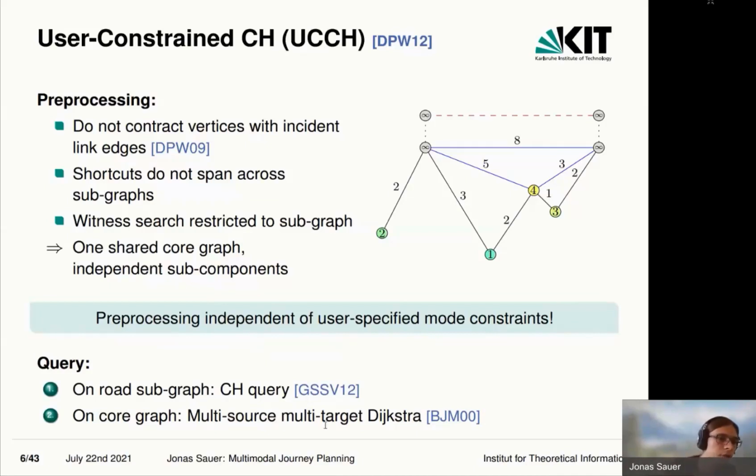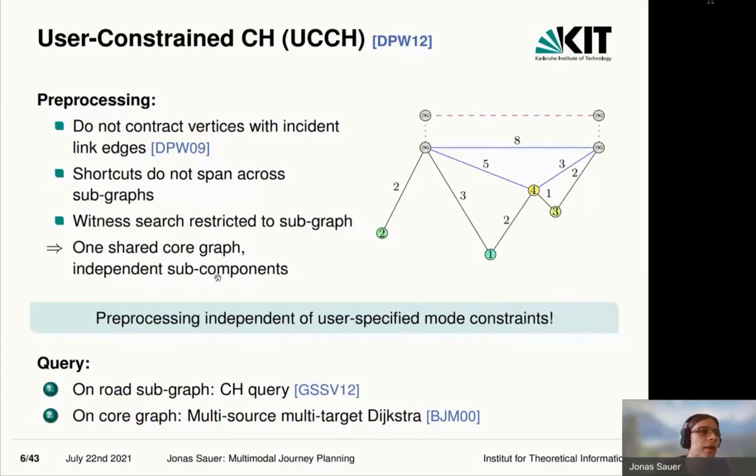And so we do a Dijkstra search between those. And then inside the core graph, there are techniques for taking care of the modal constraints, which I won't be showing you now.